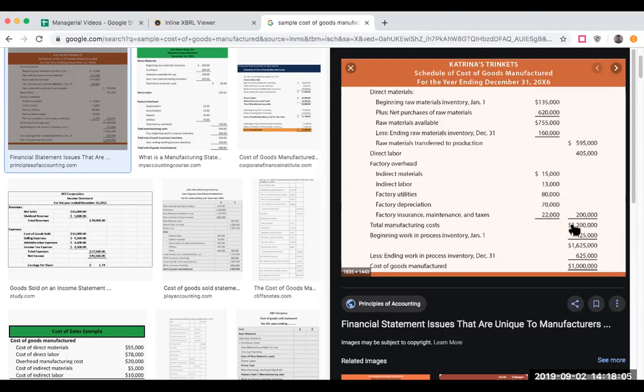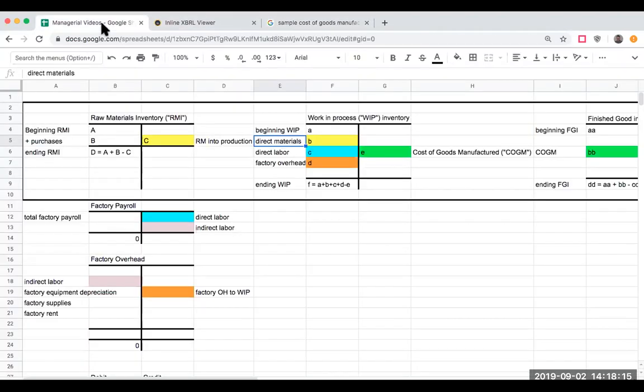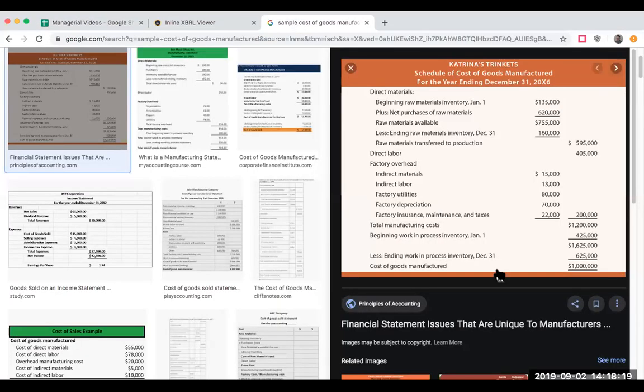So right over here, my total manufacturing costs, which is going to be $595, in this case $405, $200, plus the beginning inventory, right? This is giving me my total manufacturing cost for the period. I then add my beginning work in process, which basically gives me everything that's there, less my ending work in process inventory tells me my cost of goods manufactured.